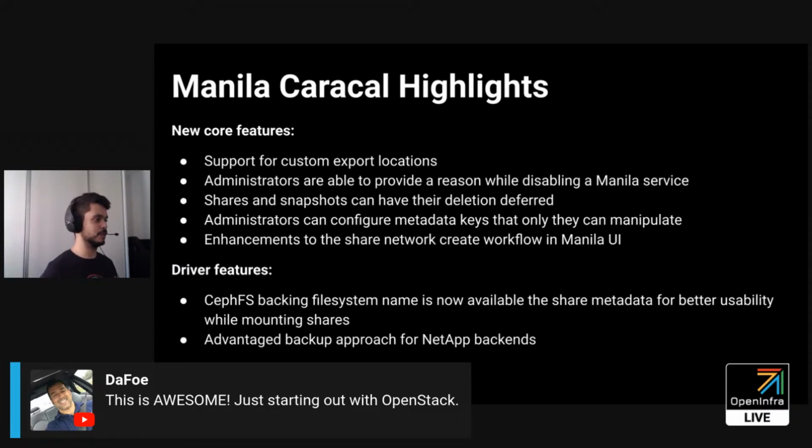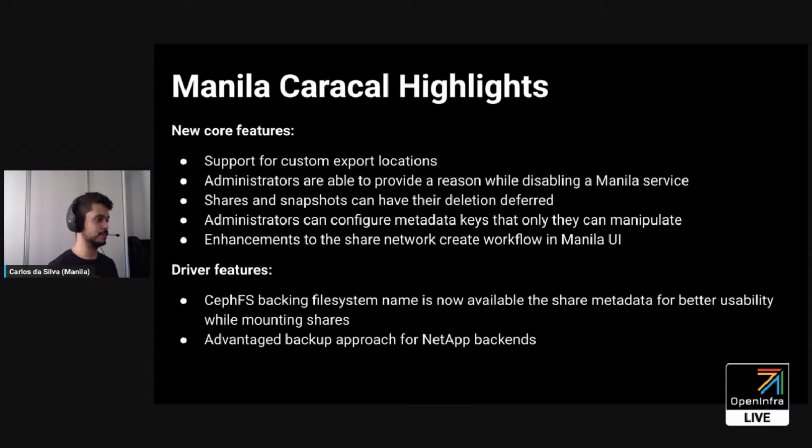But the first one I would like to highlight is the support for custom export locations. But what does it mean in practical terms? Well, if you use Manila, or a shared file system, at the end, when you are mounting a share, the mount path would become a gigantic string that would be very difficult to remember.